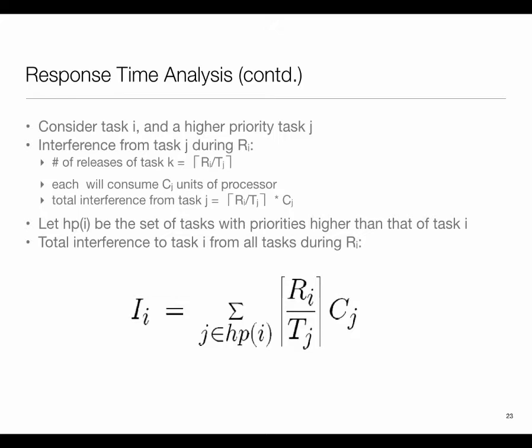There will be one at the very beginning, and a few subsequently. So you can convince yourself that this would be a ceiling function. That many copies of the jth task need to be run. Of course, we have a recursive problem because I'm expressing this in terms of R sub i. And these tasks are going to need time equal to ceiling of Ri over Tj multiplied by Cj, because each instance of the jth task needs Cj time.